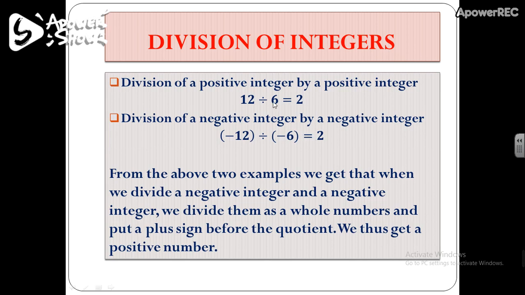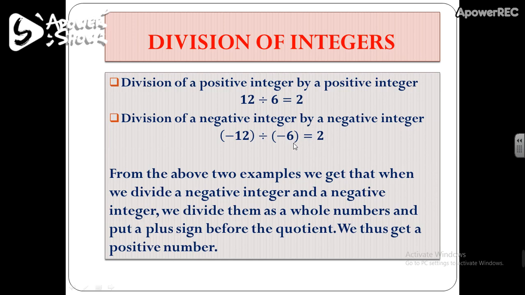In the first one we are dividing a positive integer by another positive integer, and the result is a positive integer. In the second one we are dividing a negative integer by another negative integer, and the result is again a positive integer.